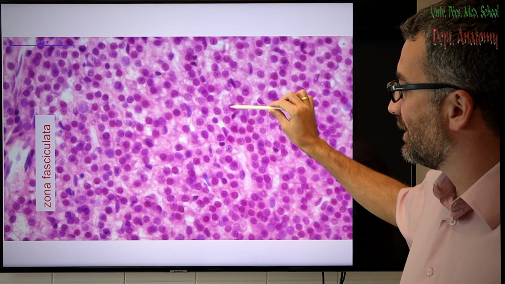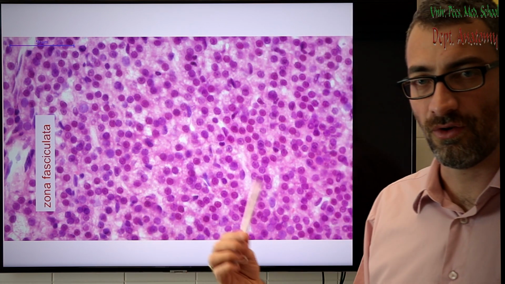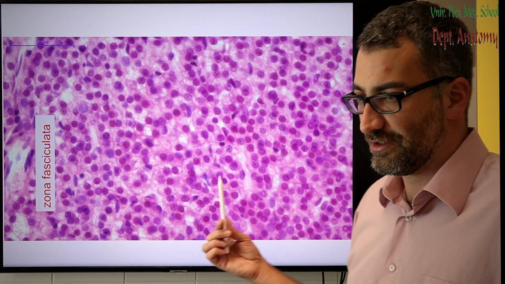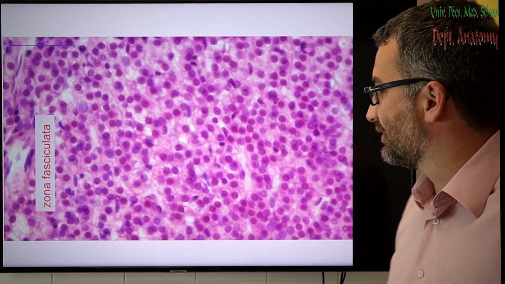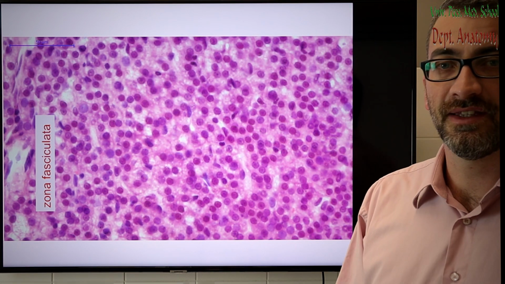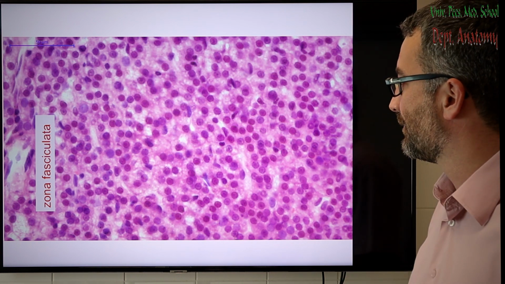It contains many small bubbles which are unstained, which reflects the capacity of these cells to store lipids, to store fat, which is used for hormone synthesis, because these cells are producing steroid hormones, which means these are lipid hormones which are produced here.